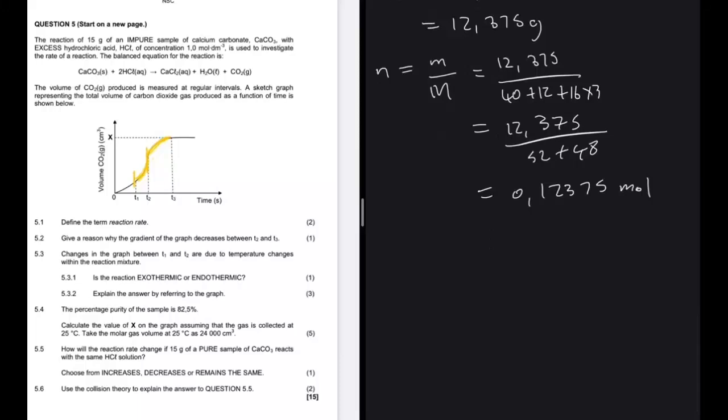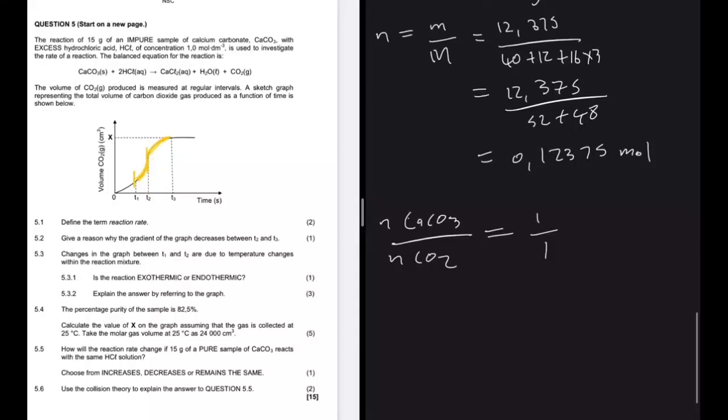And now we can relate the number of moles of calcium carbonate to the number of moles of CO2 using our balanced equation. We know that the number of moles of calcium carbonate divided by the number of moles of CO2 equals 1 divided by 1, right? 1 being the balancing coefficient in our balanced equation. We don't see a number, but we know that we have 1 on calcium carbonate, and on CO2 it's also true.